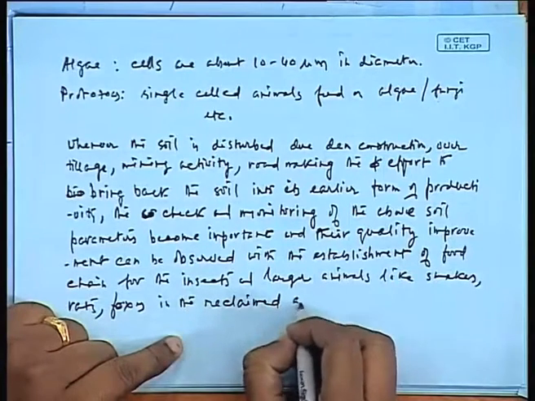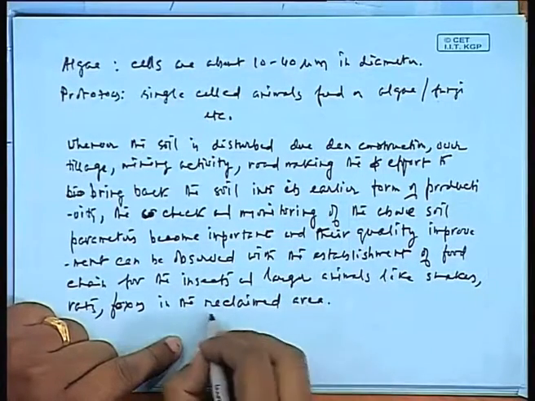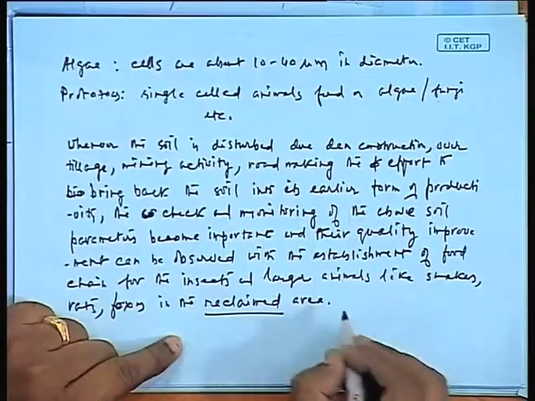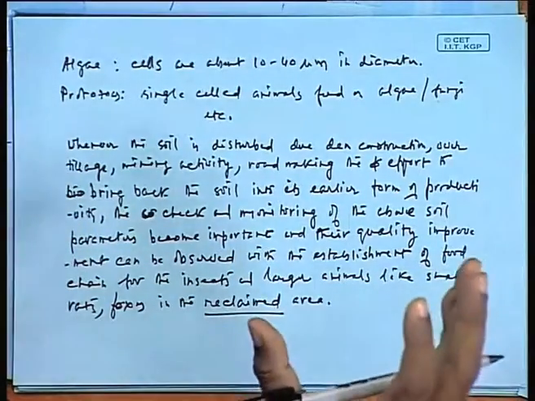in the reclaimed area. That is, the reclaimed area is the area where you are working, where the soil has been disturbed due to some activity, mining, road construction, over tillage, or dam construction or anything like that. The soil is damaged.